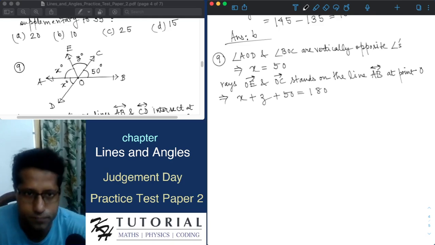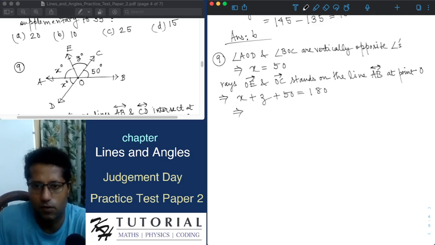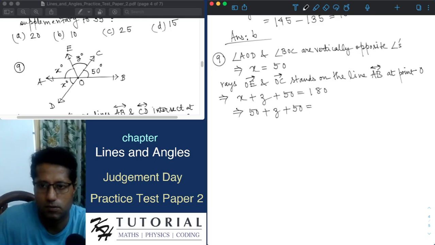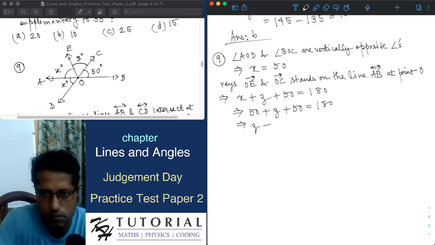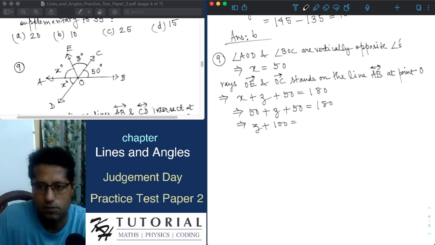X we have already found to be 50. So 50 plus z plus 50 equals 180. This implies z plus 100 equals 180 degree.